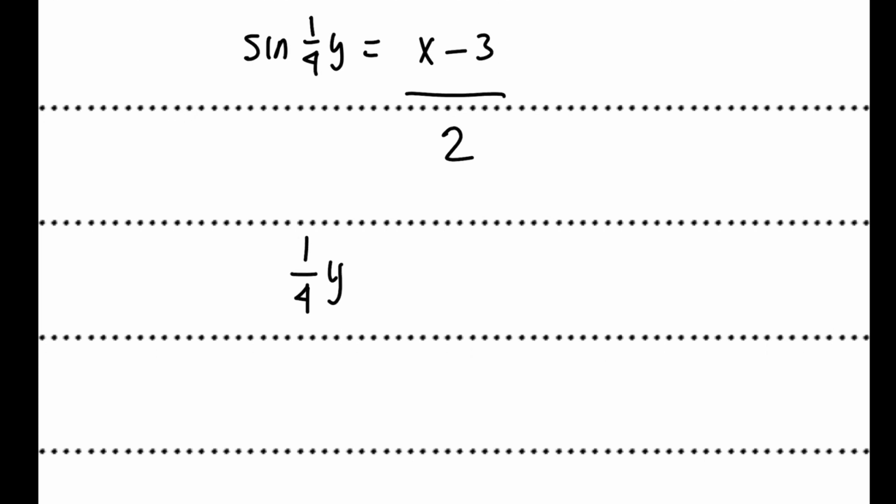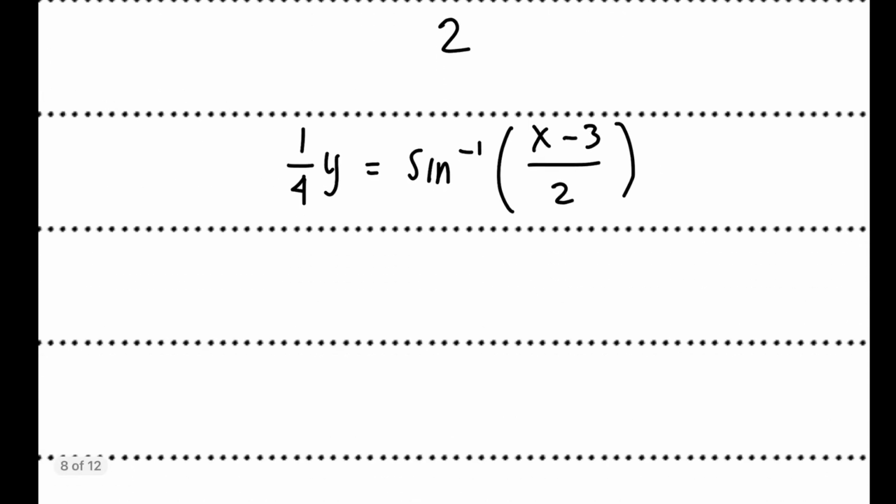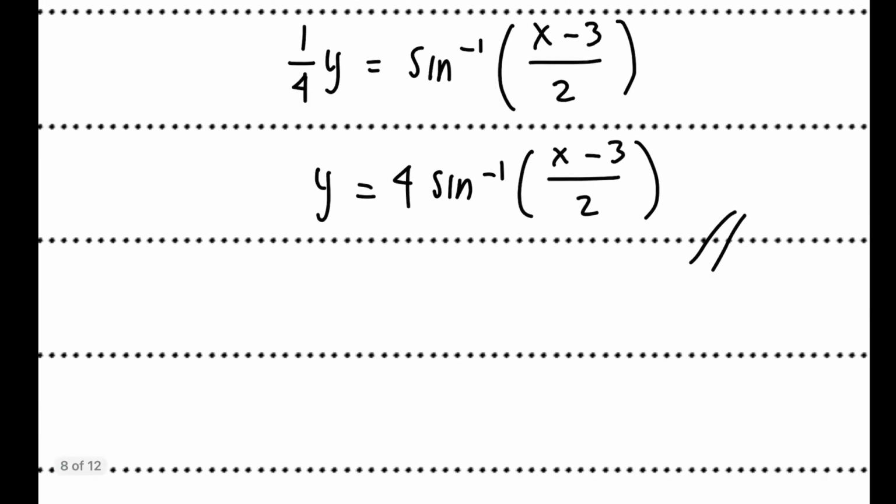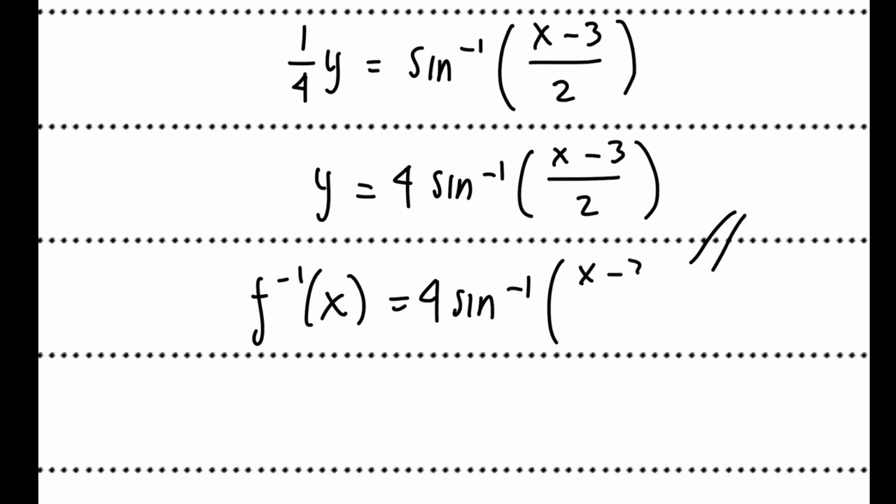So 1 over 4y equals sine inverse of the right hand side. And then to get y, you just need to multiply both sides by 4. You will get 4 sine inverse of (x minus 3) over 2. So this is the expression for f inverse x: 4 sine inverse of (x minus 3) over 2. So this is the answer.